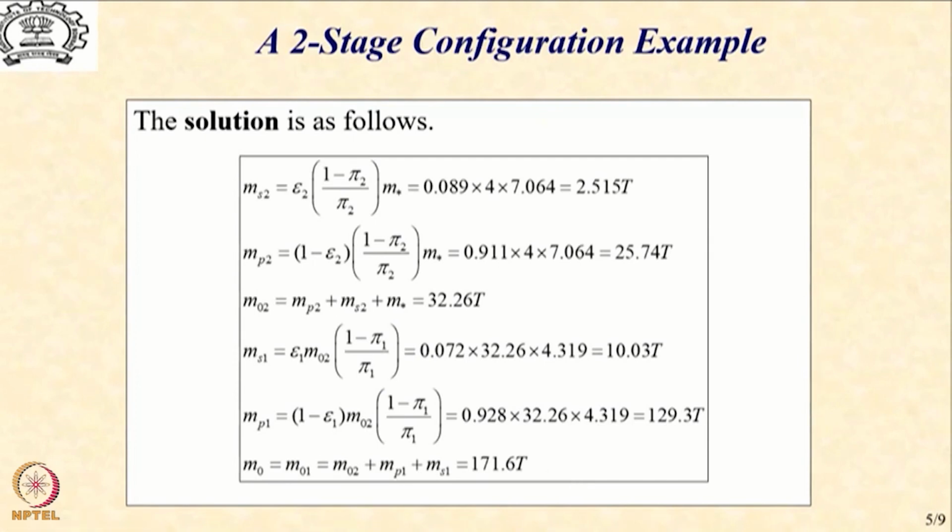This I will leave you to verify that the actual gross liftoff mass of Angara 1.2 is around 171 tons, which means that the exercise that we have carried out essentially is a feasible methodology for arriving at the stage-wise distribution of masses for a given rocket, which has epsilon i's and pi i's specified.